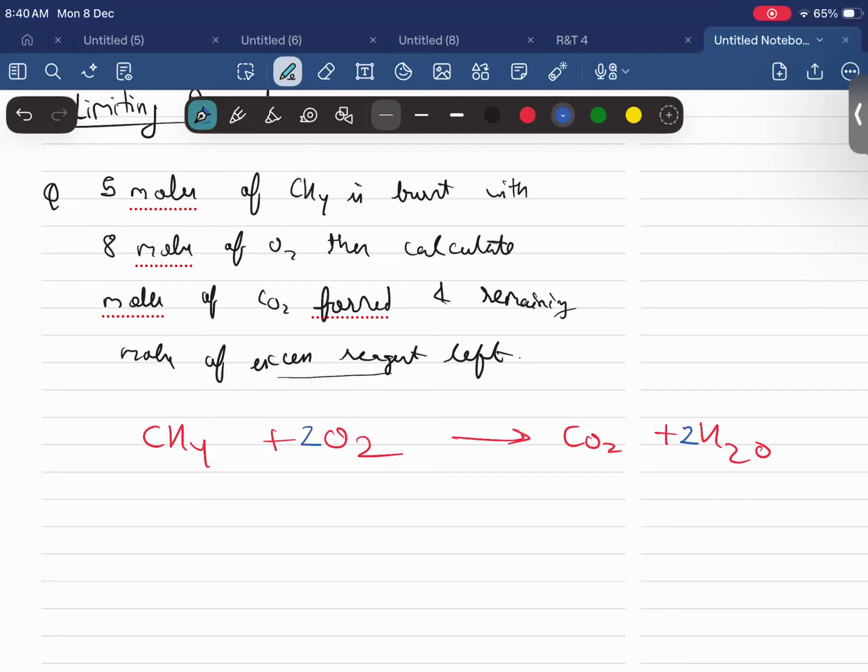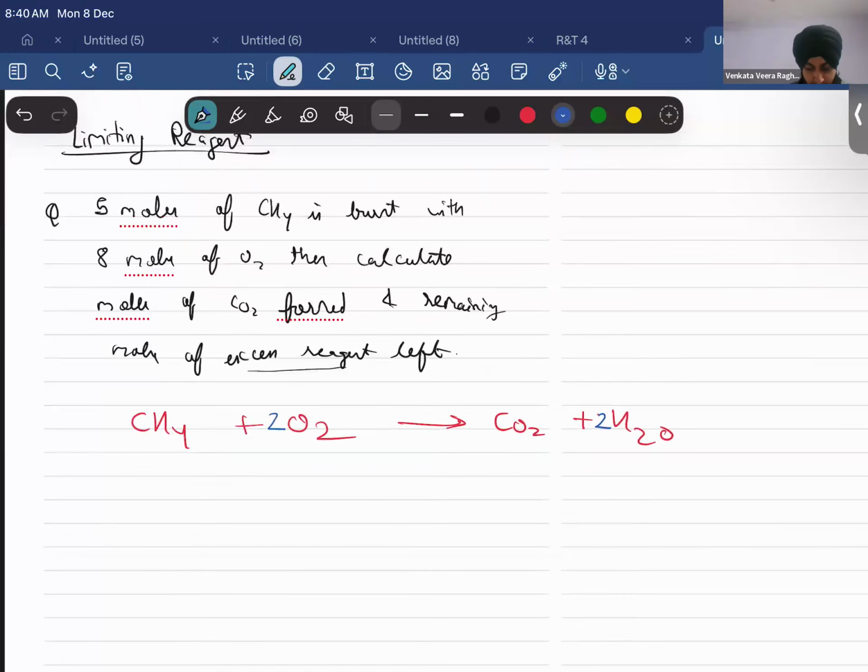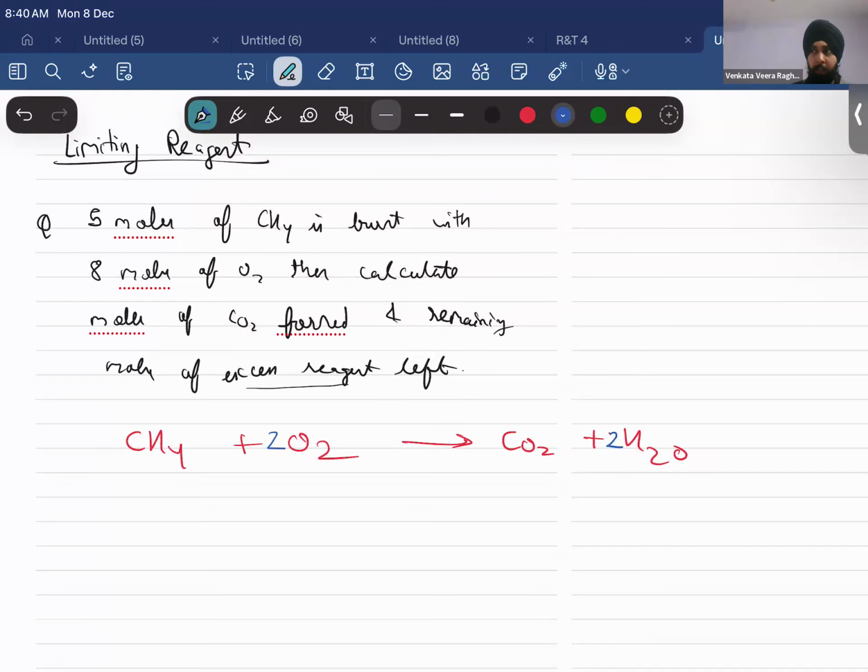You can give that equation CxHy plus O2, and that amount will vary. Okay, you can write it. It's not a problem. If you have CxHy, then we can react it with some amount of O2 to produce x amount of CO2 plus y by 2 amount of H2O, isn't it? Yes, it is like that.